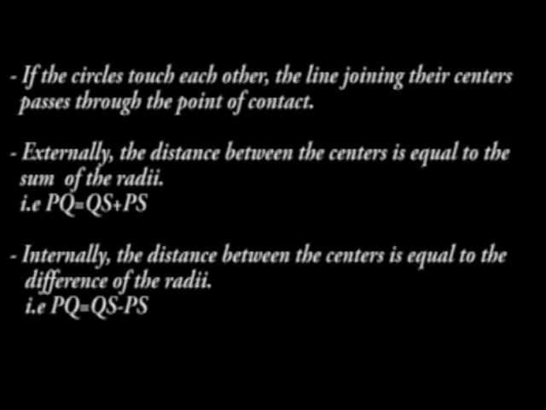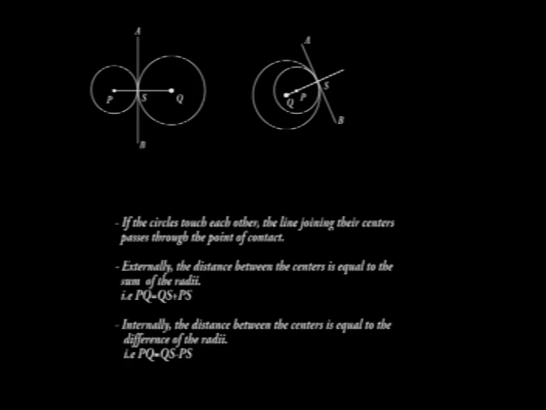If the circles touch externally, the distance between the centers is equal to the sum of the radii, i.e., PQ is equal to QS plus PS. If the circles touch internally, the distance between the centers is equal to the difference of the two radii, that is, PQ is QS minus PS.